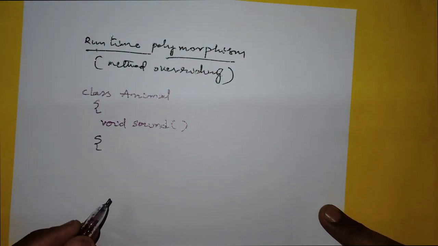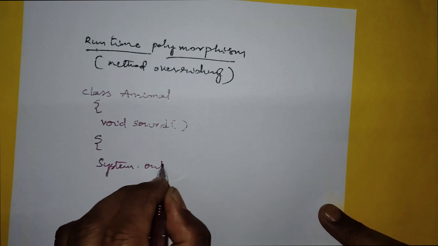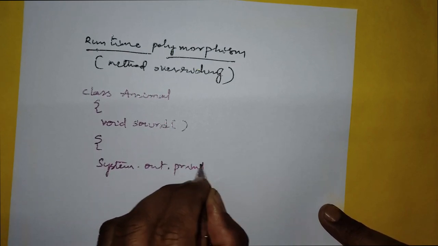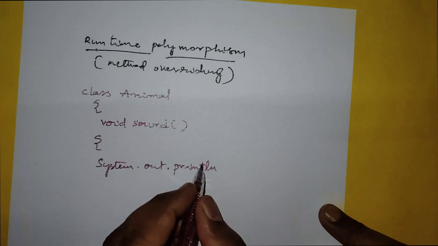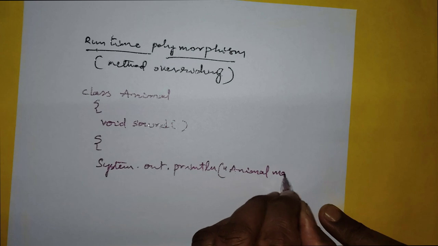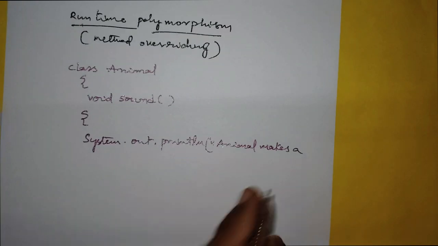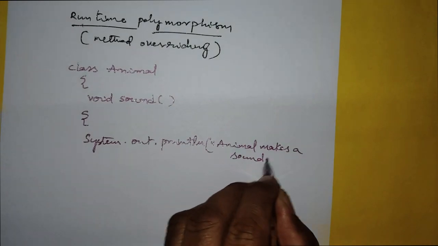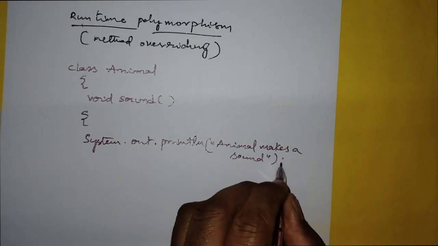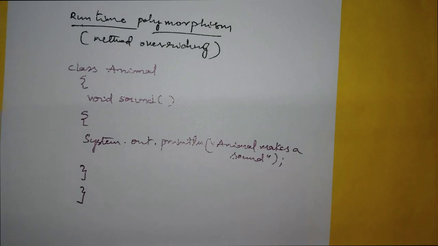Then open the curly brace for the sound method. In that we are going to write System.out.println, "Animal makes a sound". You have to close the method curly brace and also the class curly brace.